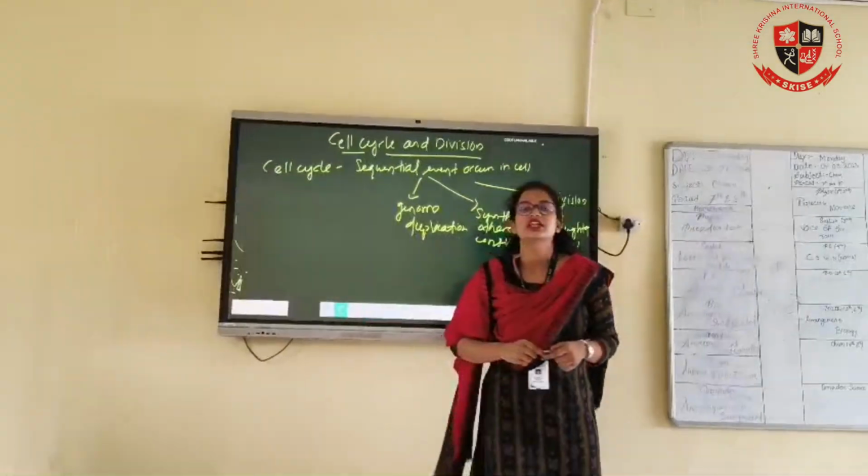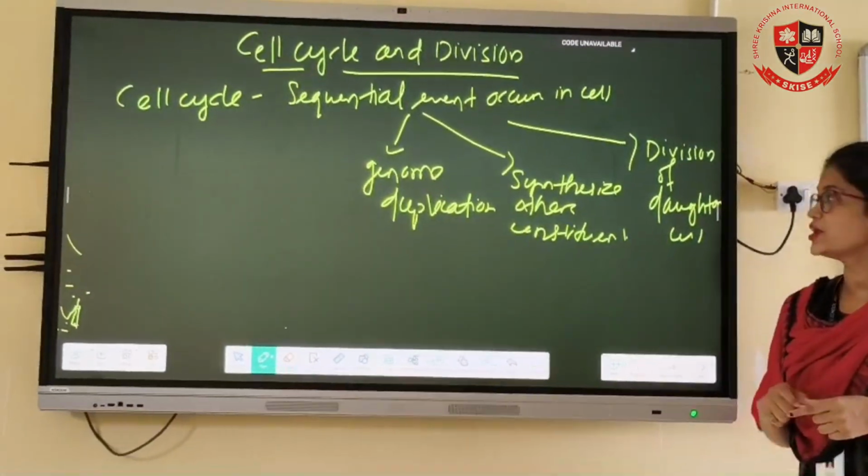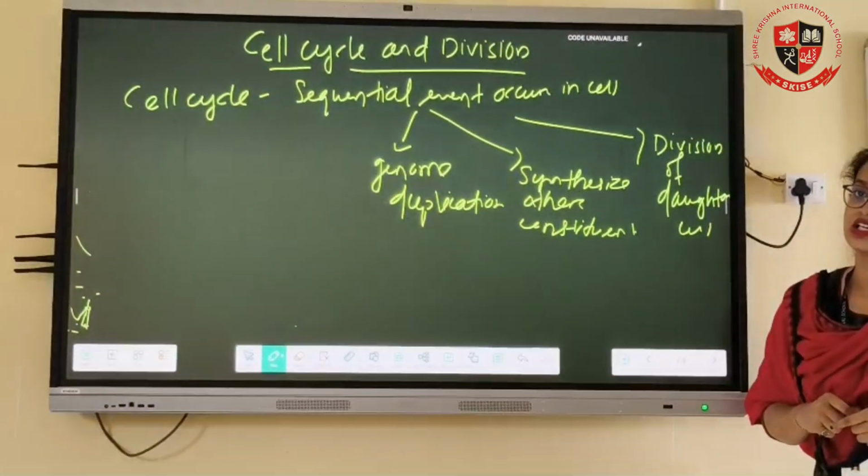What are the sequential events? The genome duplication, then synthesis of other constituents and division of the daughter cells.